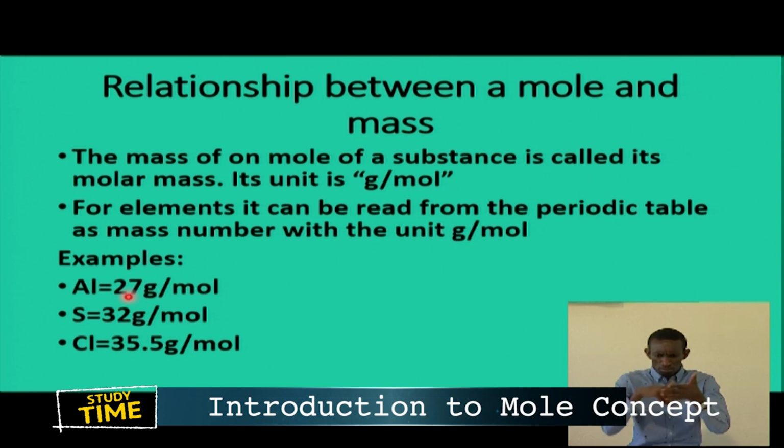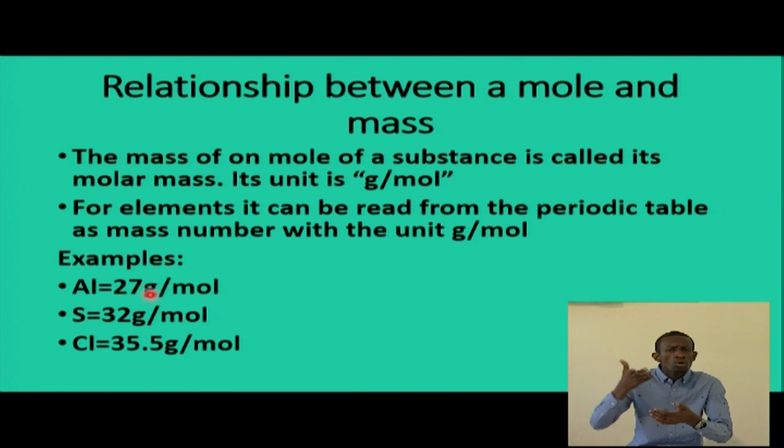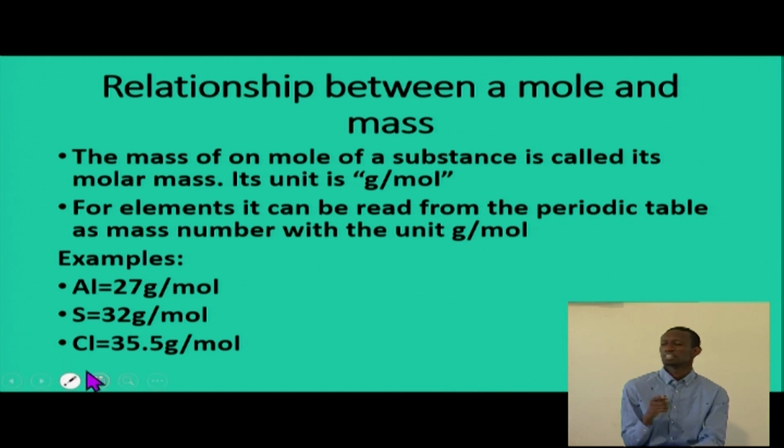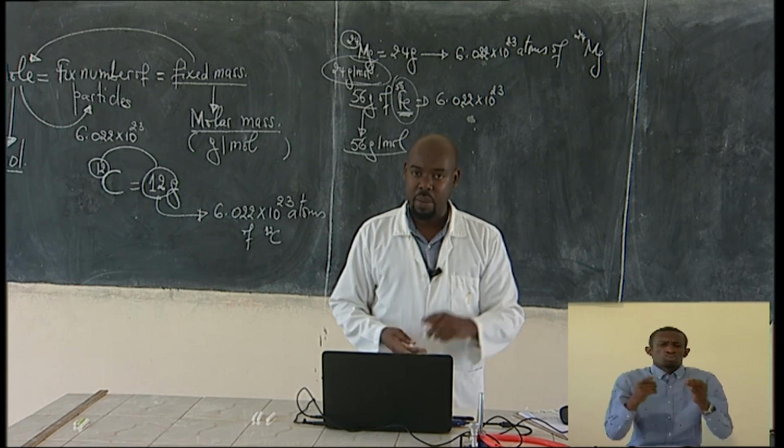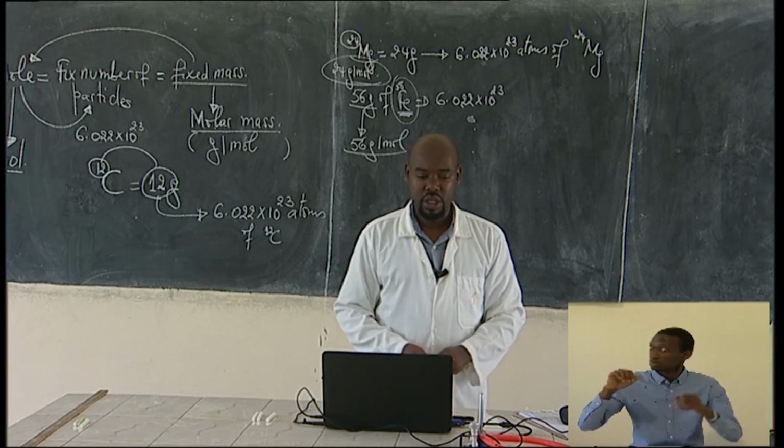So the molar mass is that reading from the periodic table expressed in grams per mole. Sulfur, we have 32 grams per mole. Chlorine, it is 35.5 grams per mole. Okay? Here you have to be very careful. Sometimes, remember, we can have diatomic elements. So if you consider the molecules, then the molar mass will double.